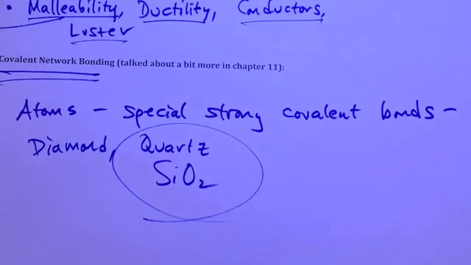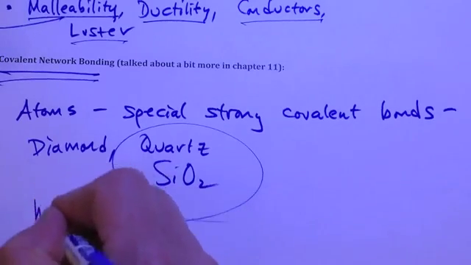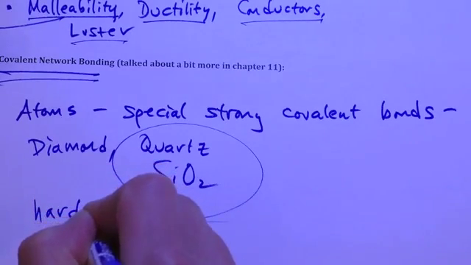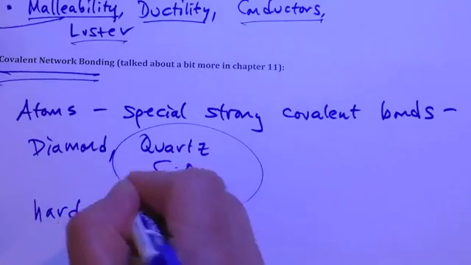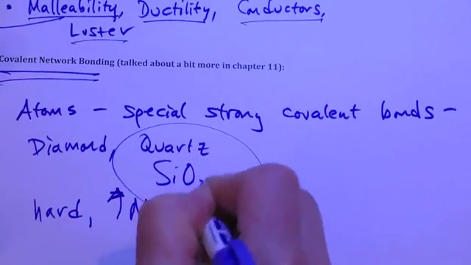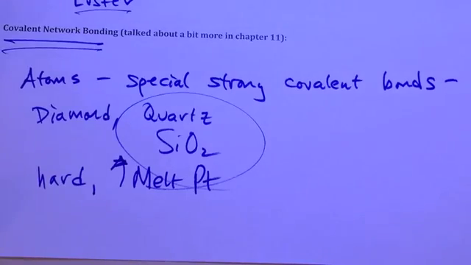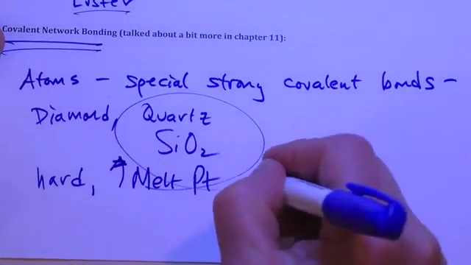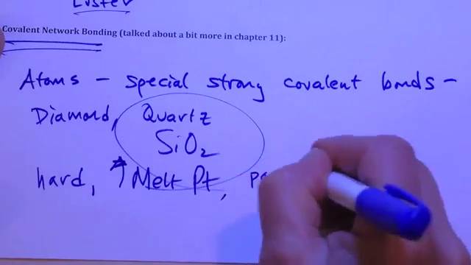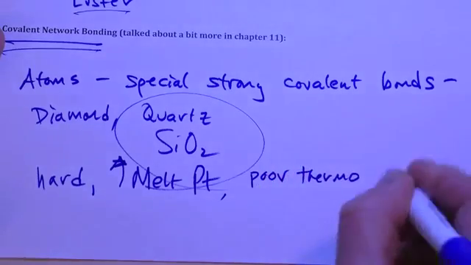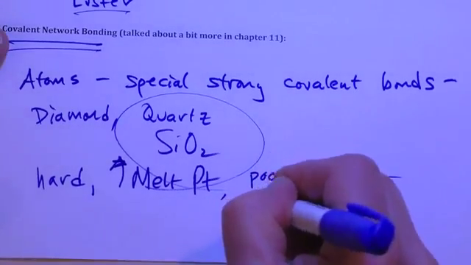They're very hard. They often have really high melting points. They have poor thermal and electrical conductivities, which means they don't conduct heat very well.